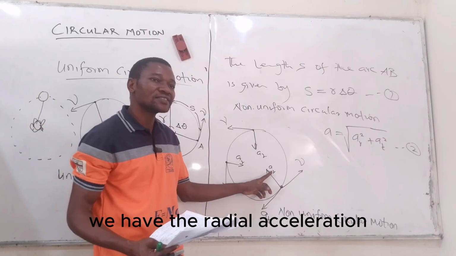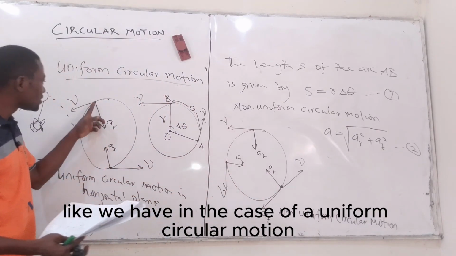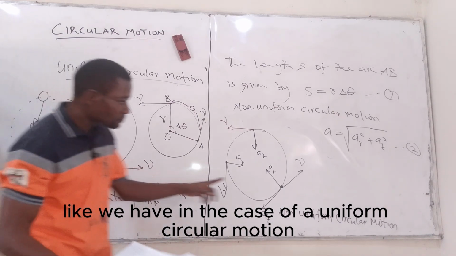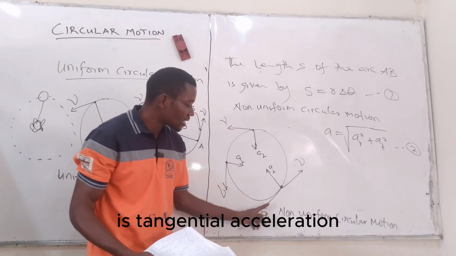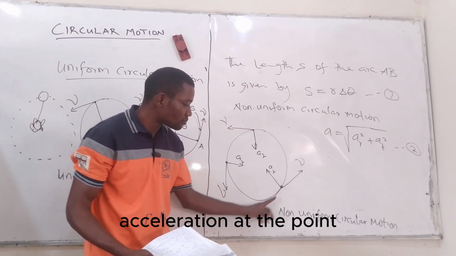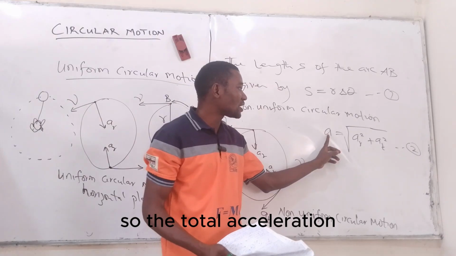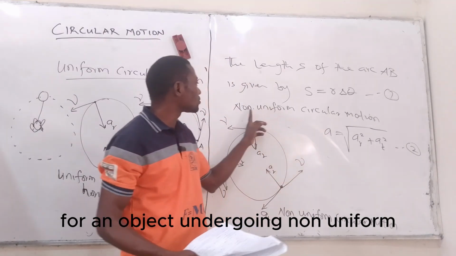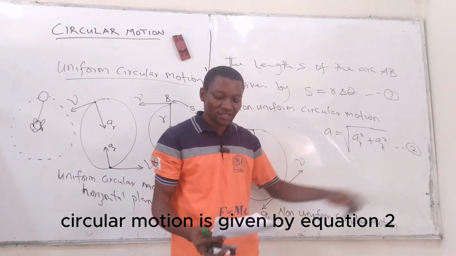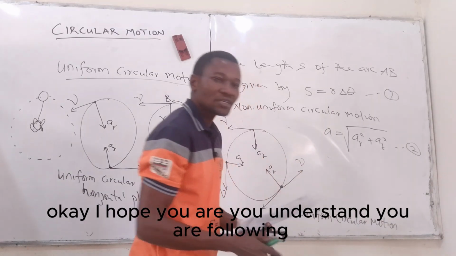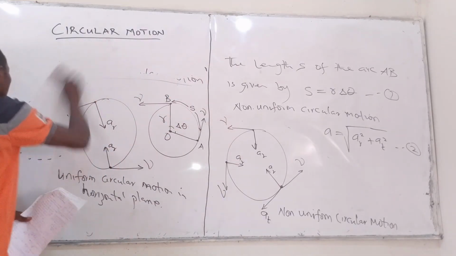We have the radial acceleration that is directed towards the center, like we have in the case of uniform circular motion. Then the other acceleration that we have is the tangential acceleration at a point, which we call tangential acceleration. So the total acceleration for an object undergoing non-uniform circular motion is given by equation 2. Okay, I hope you understand, you are following. Okay, let's make progress.